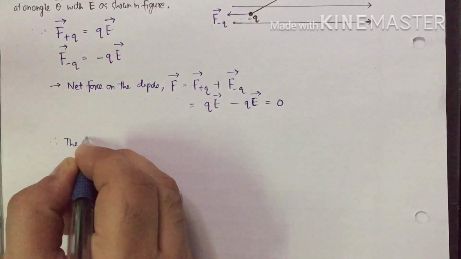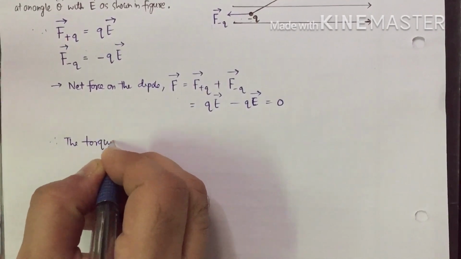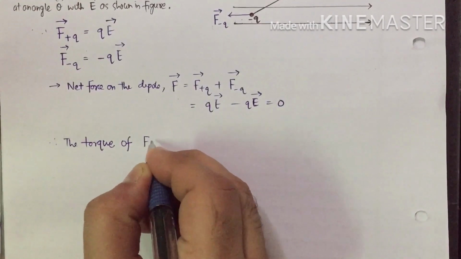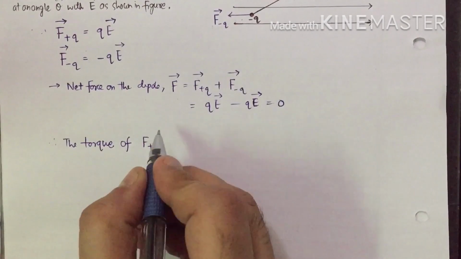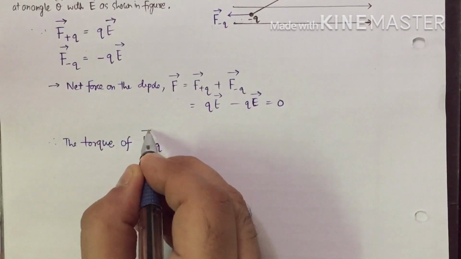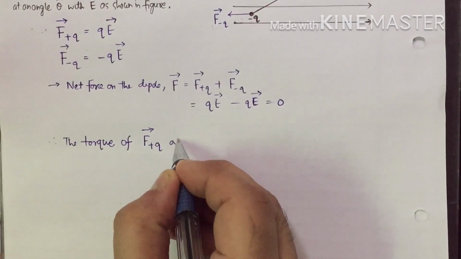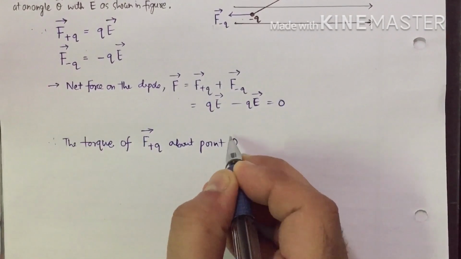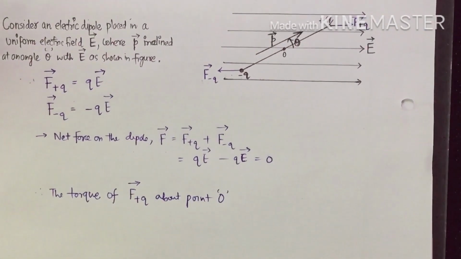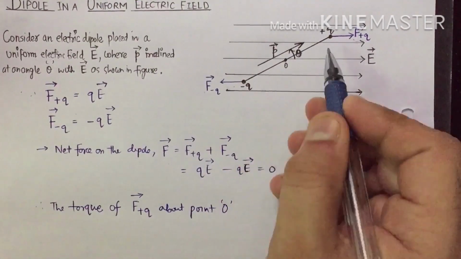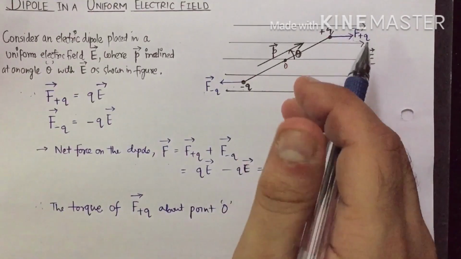Therefore, the torque of F plus Q about point O. O is the center of the dipole about which the dipole rotates.